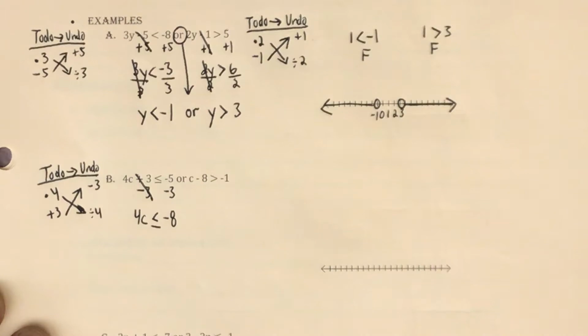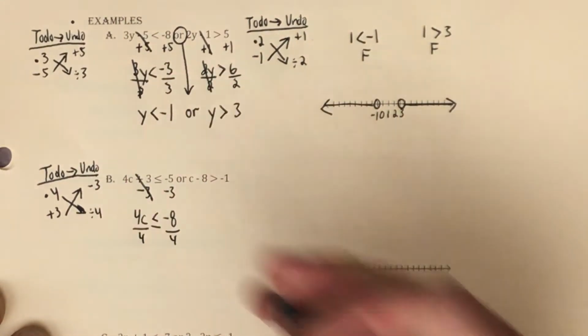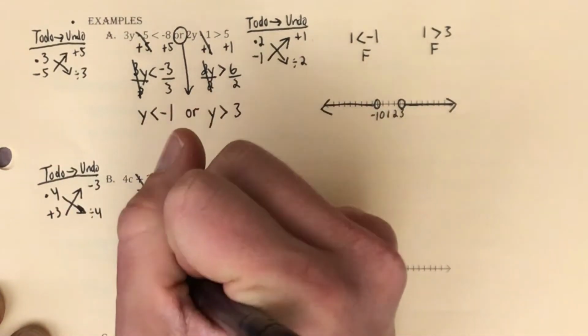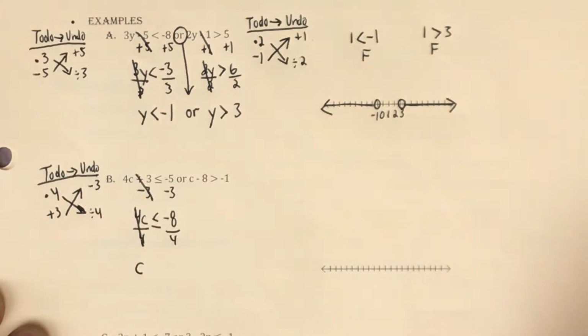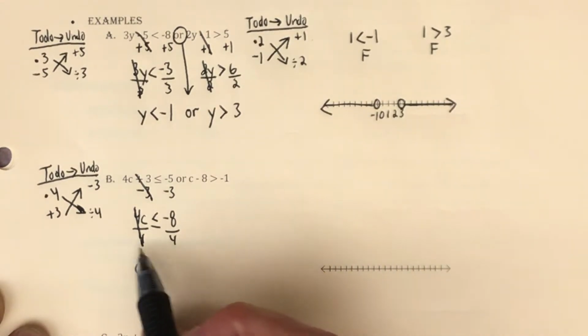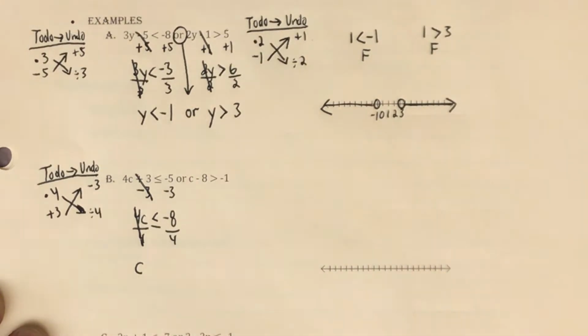Now I need to do step 2, which was divide by 4. So 4 divided by 4 is 1. 1c is the same as just c, so they cancel out, and I'm left with just my c. Now I divided, but I divided by a positive number, right? It does not matter that this 8 is negative on the right side, right?